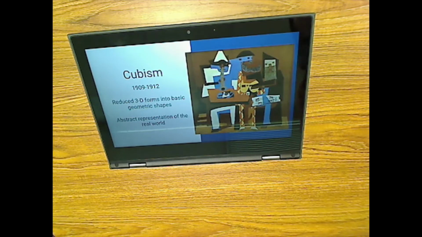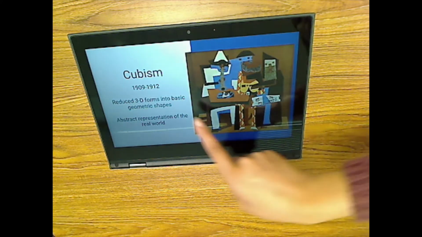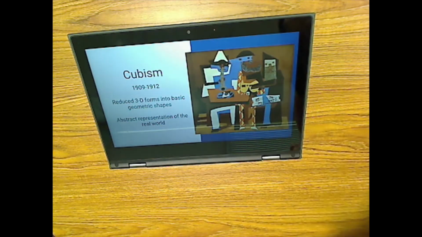And the last stage that we looked at was Cubism. So Pablo Picasso went a completely different direction in his art. You can see his art looks way, way different from what it used to look like. And in Cubism, he reduced three-dimensional forms into basic geometric shapes, and he made an abstract representation of the real world.